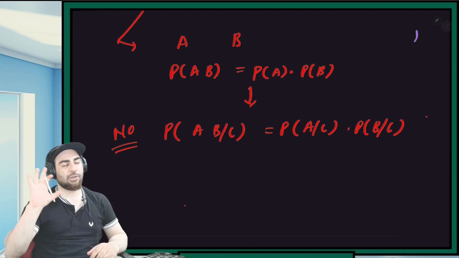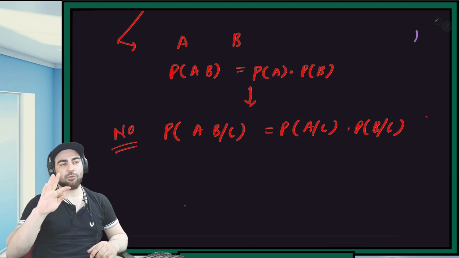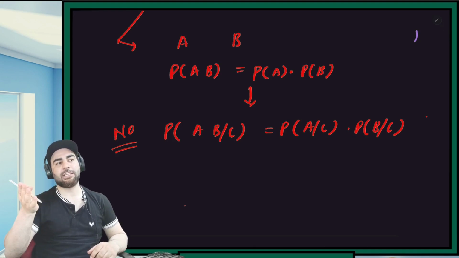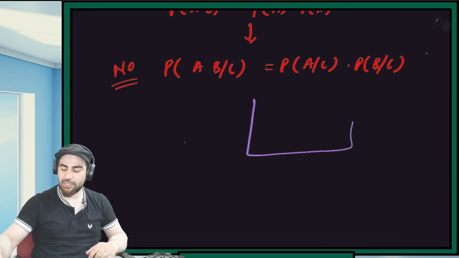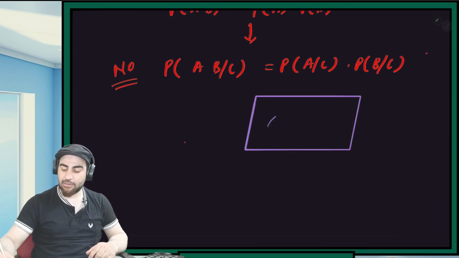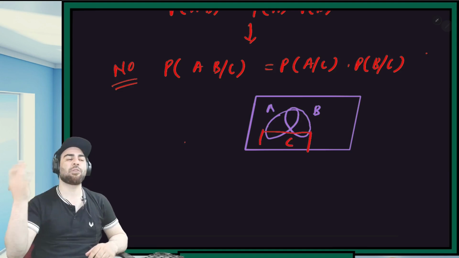If we have two events A and B and we condition them on something, it might happen that the conditioning event made the events dependent. I showed this with a Venn diagram. Here we have event A and event B. If this is event C, initially A and B could have been independent.